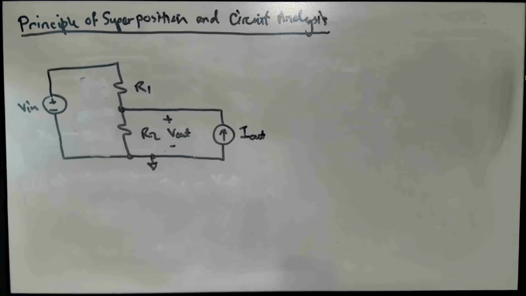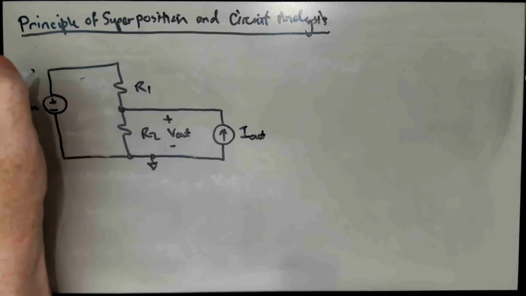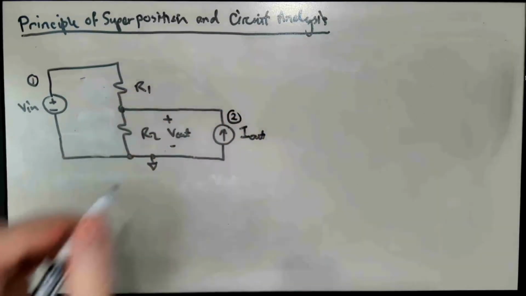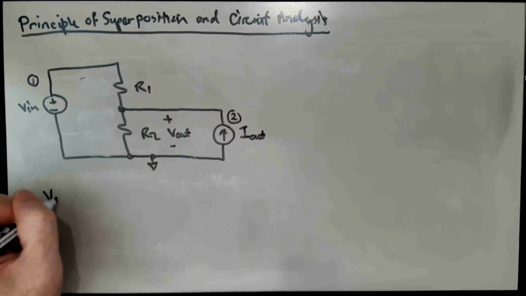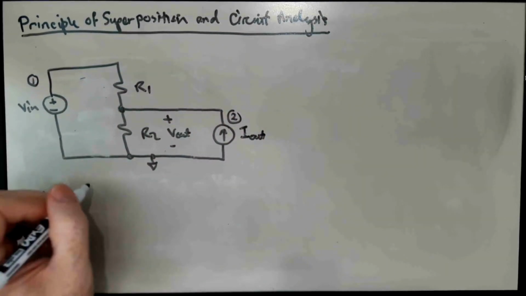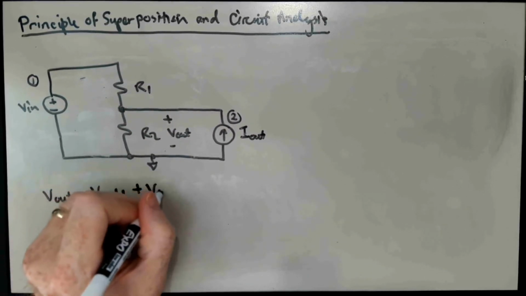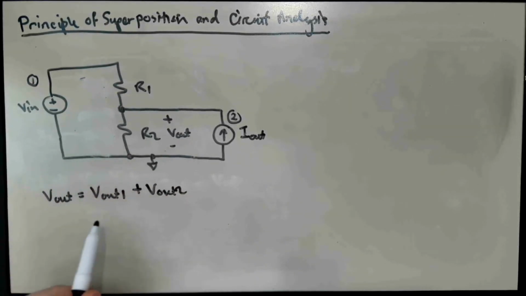Okay, so we're going to have two sources, so there'll be two components of V out. We'll number these sources 1 and 2, and V out is going to be given by V out 1 plus V out 2. So this is just the principle of superposition.